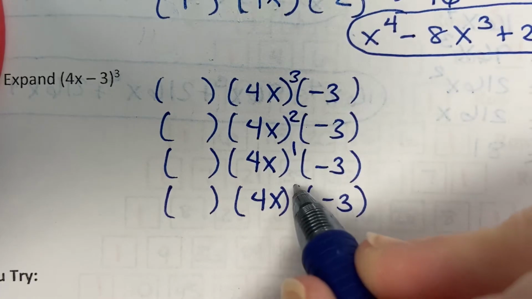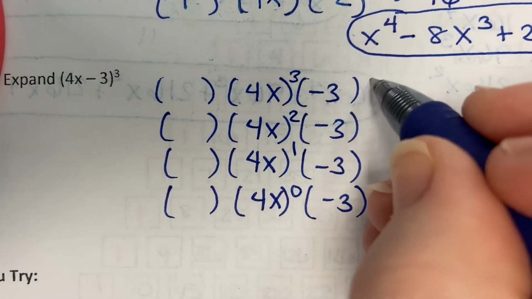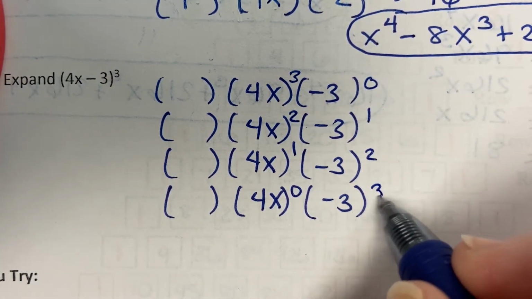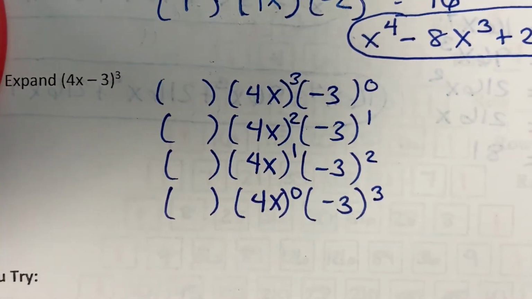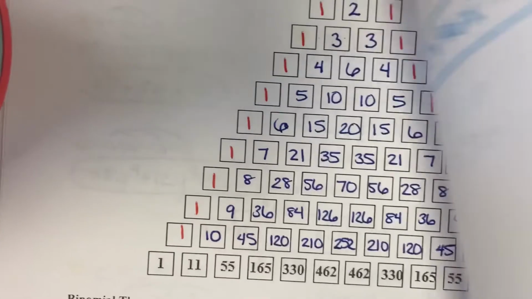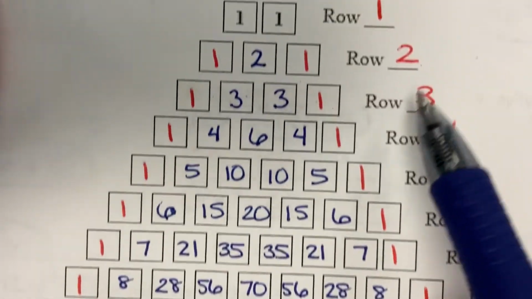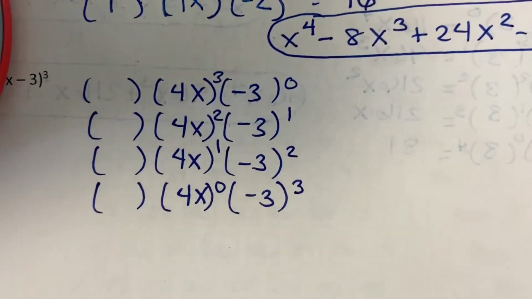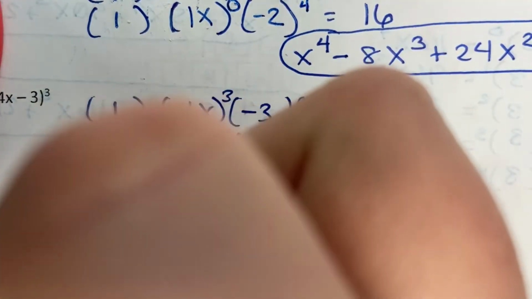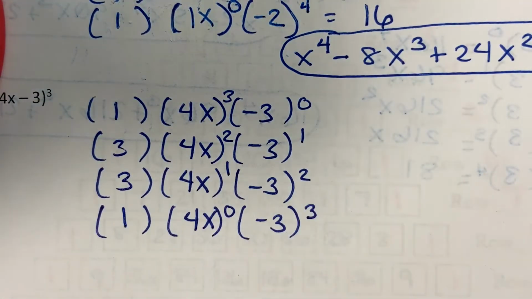So I have 3, 2, 1, 0. The constants count up 0, 1, 2, 3. And then I need my Pascal number, so I know I need to go to row 3, and I'm expecting 4 numbers, right? So row 3, 1, 3, 3, 1. And those are the numbers that I put in that Pascal spot. 1, 3, 3, and 1.